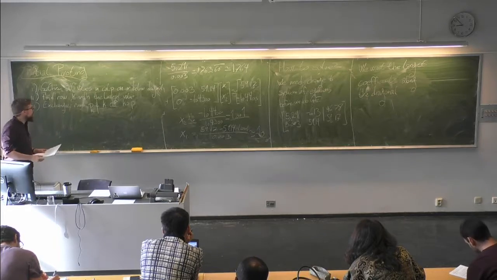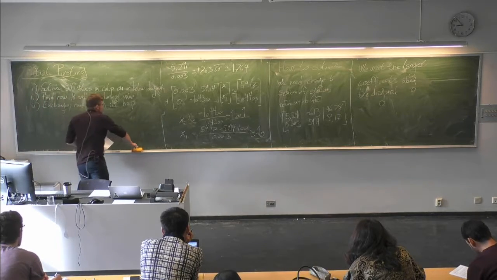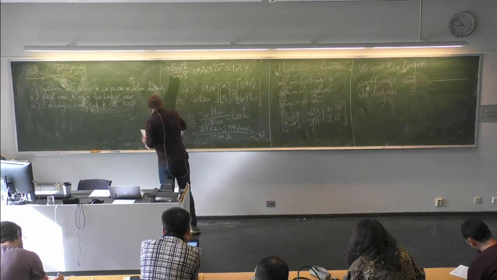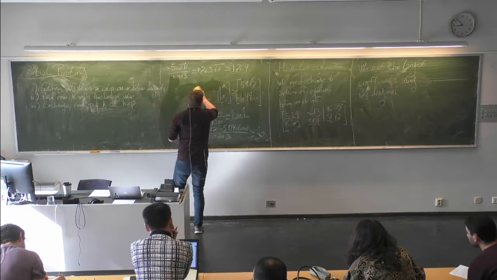But partial pivoting might not always work. So then we have something called a scaled pivot.